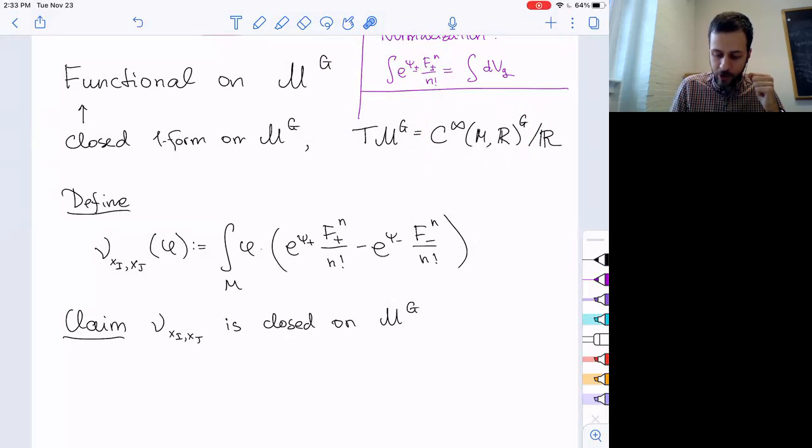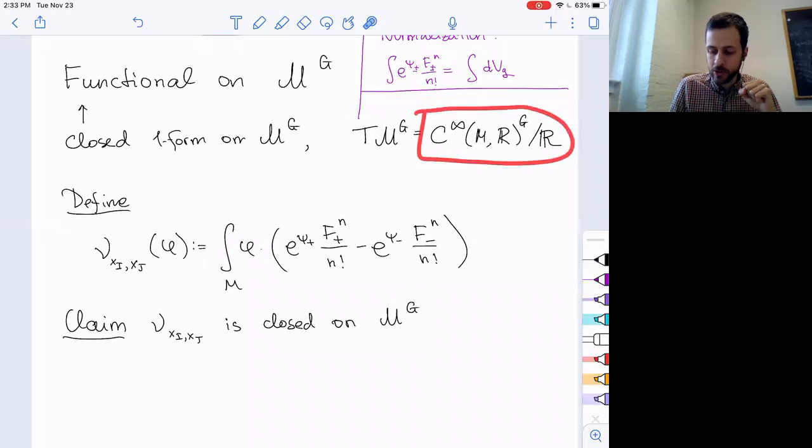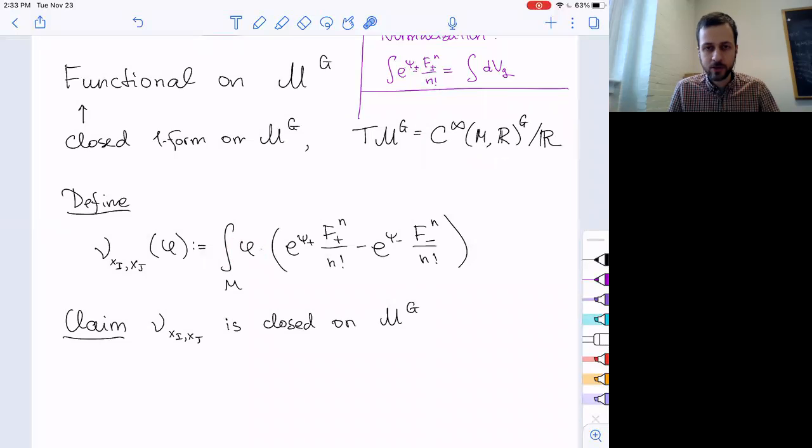Essentially, if you have variations in two different directions generated by two different functions, then these variations commute with each other. Here, elements of this space do not commute with each other, and the commutator is given by the Poisson bracket. So you have to take that into account.